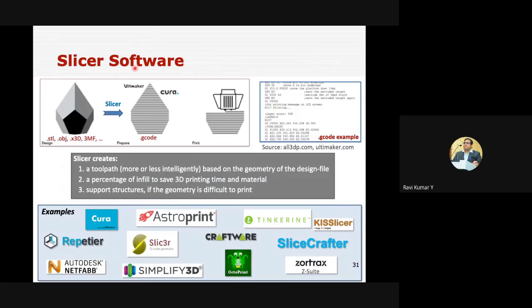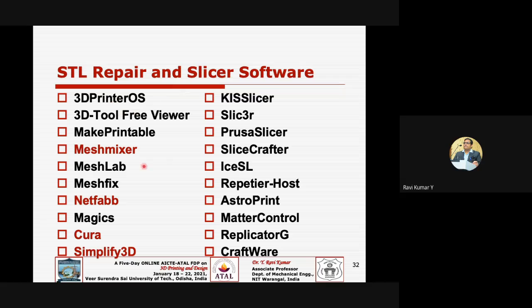And you may have slicer software, as we discussed, which takes an STL or OBJ or X3D, 3MF, AMF, or any format. It will slice and generate G-code, from software like Cura, Repetier, Slic3r, or Simplify3D; you have plenty of open source software to do this job. These are some of the tools for STL file repair and slicer software.